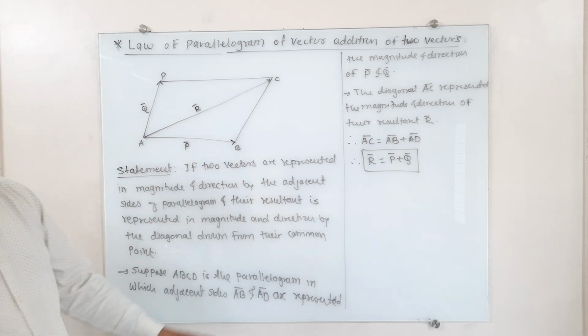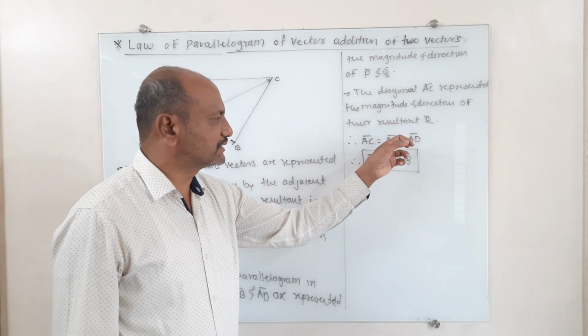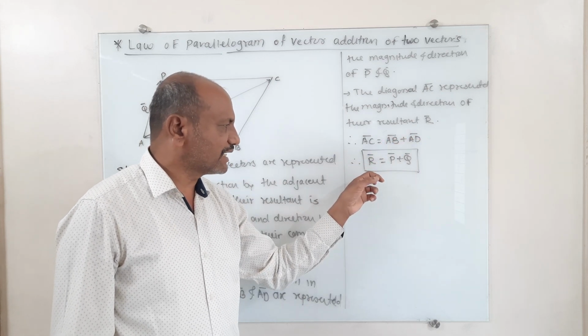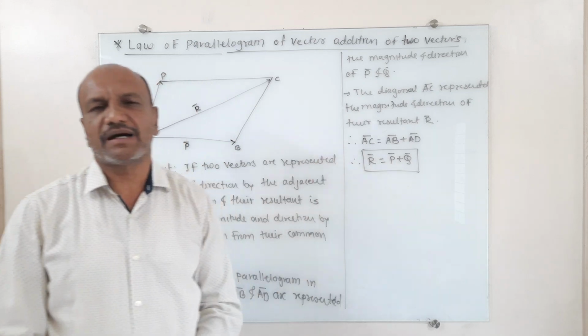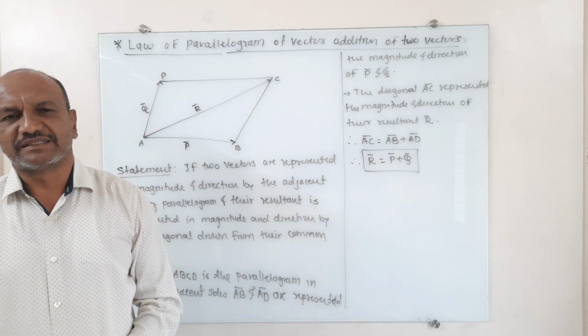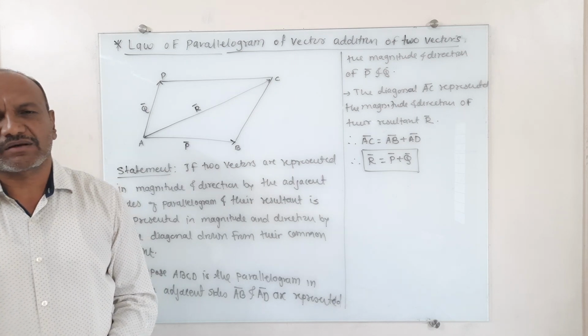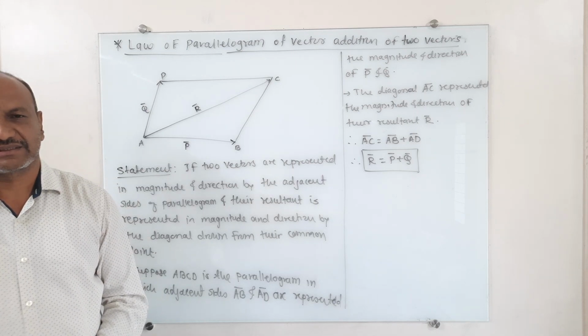Therefore we get AC bar is equal to AB bar plus AD bar, that is R bar is equal to P bar plus Q bar. And this is the explanation about the law of parallelogram of two vectors.